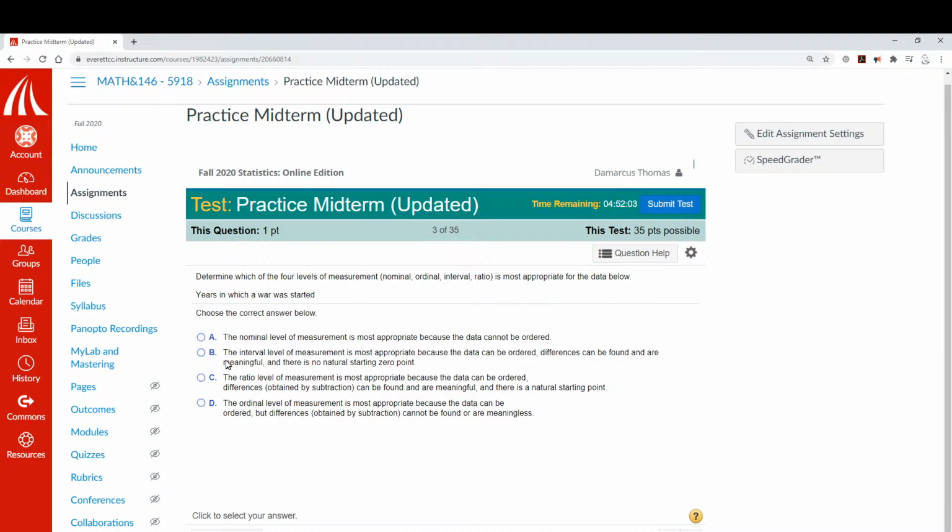The interval level of measurement is most appropriate because the data can be ordered, the differences can be found and are meaningful, and there is no natural starting 0 point. Here we have the ratio level of measurement is most appropriate because the data can be ordered and there is a natural starting point. The ordinal level of measurement is most appropriate because the data can be ordered.